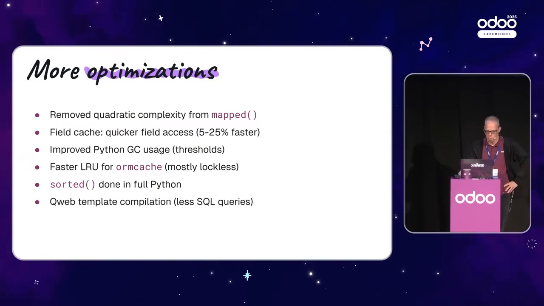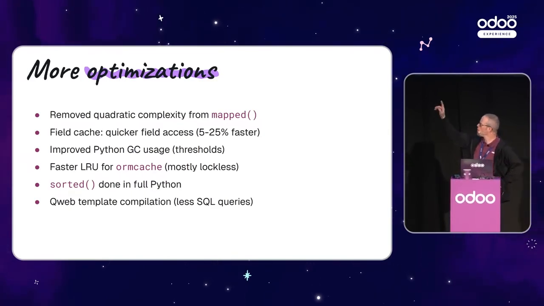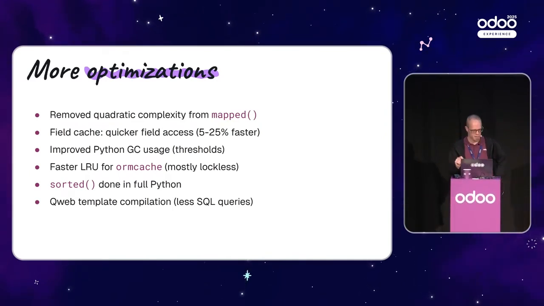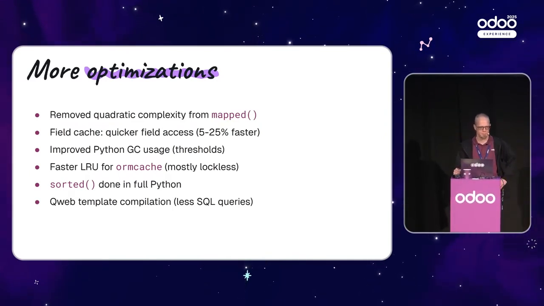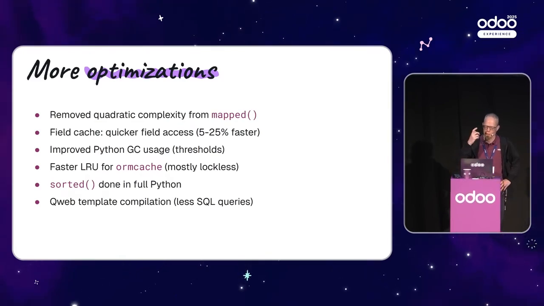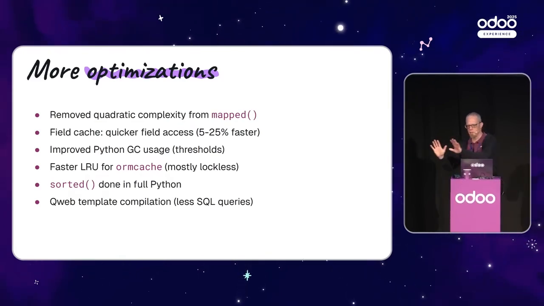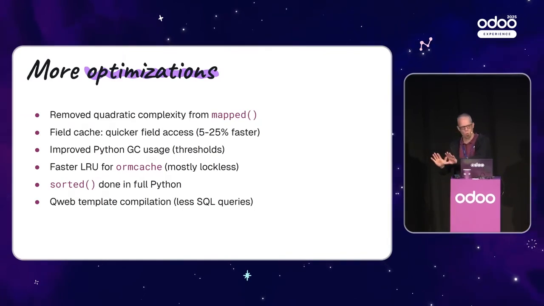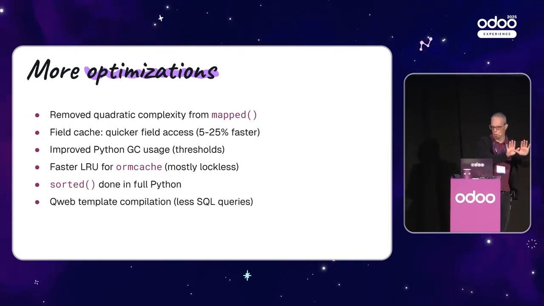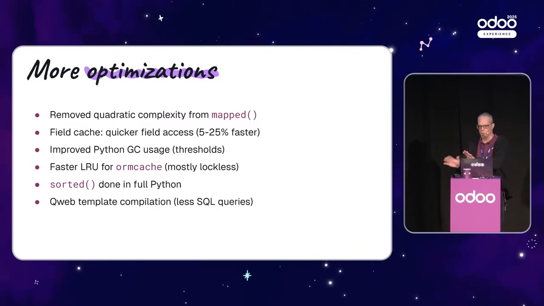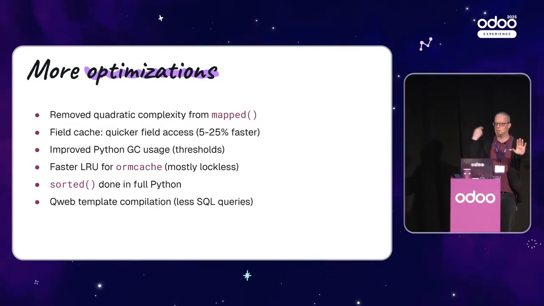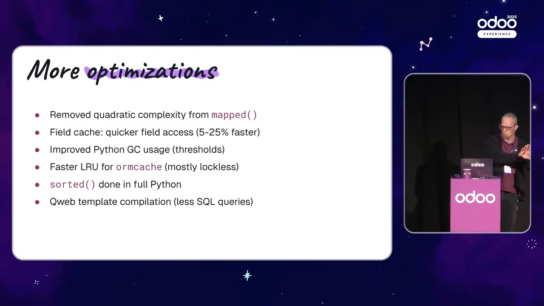One thing we've also done is the QWeb template thing; it essentially impacts the website. The QWeb templates are compiled into the equivalent of Python. We generate Python code corresponding to the template, and when we render the template, we simply call that function.